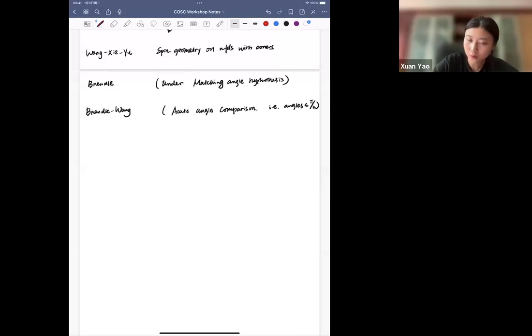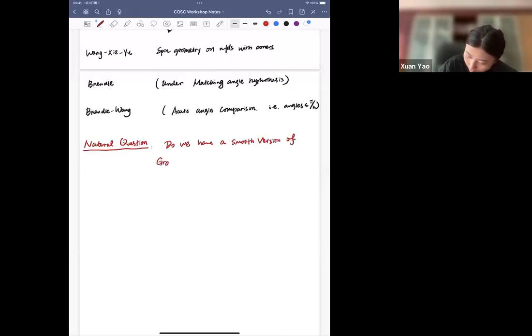So a natural question is, do we have a smooth version of Gromov's conjecture?